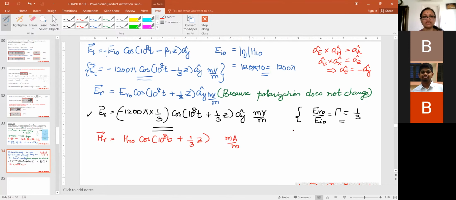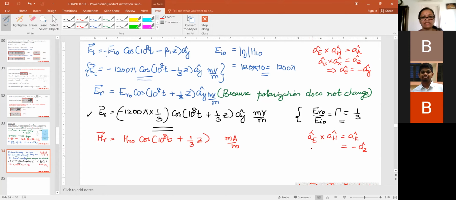Okay, but what is going to be the direction? So once more, what I will do here is I have to use AE cross AH equal to AK. What is my AK direction? AK direction is along minus AZ. And what is my AE direction?